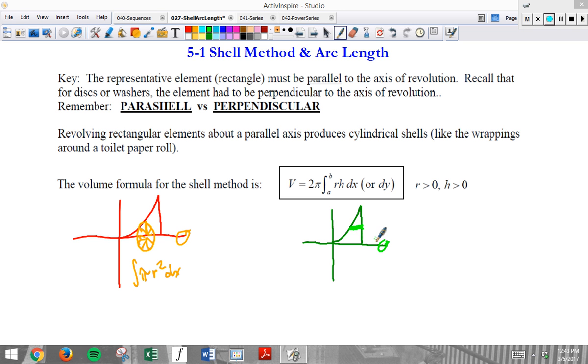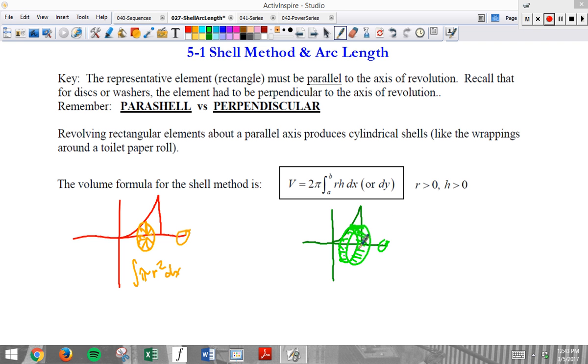Parallel to the axis of revolution. And that represented rectangle would get spun around like this. So it's like a sheet of toilet paper or paper towel.